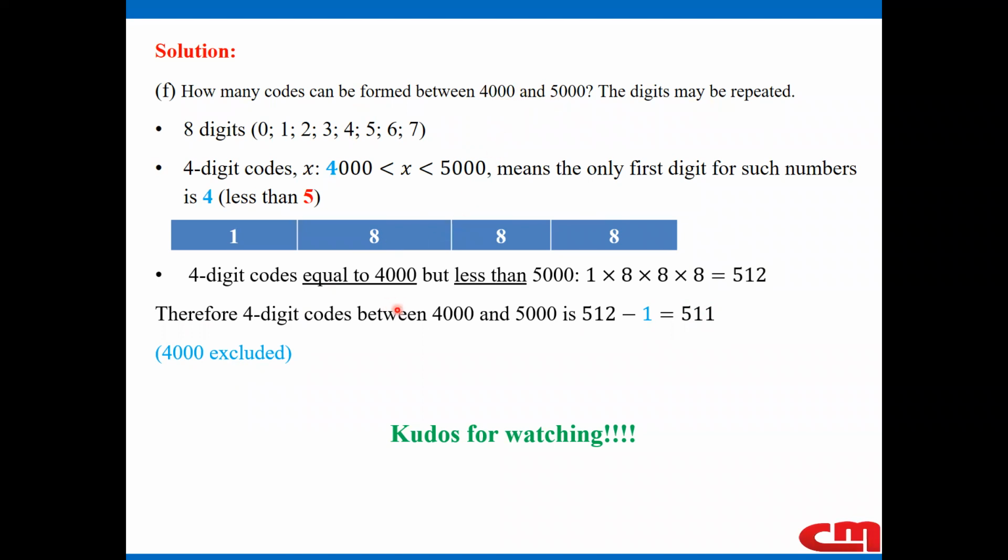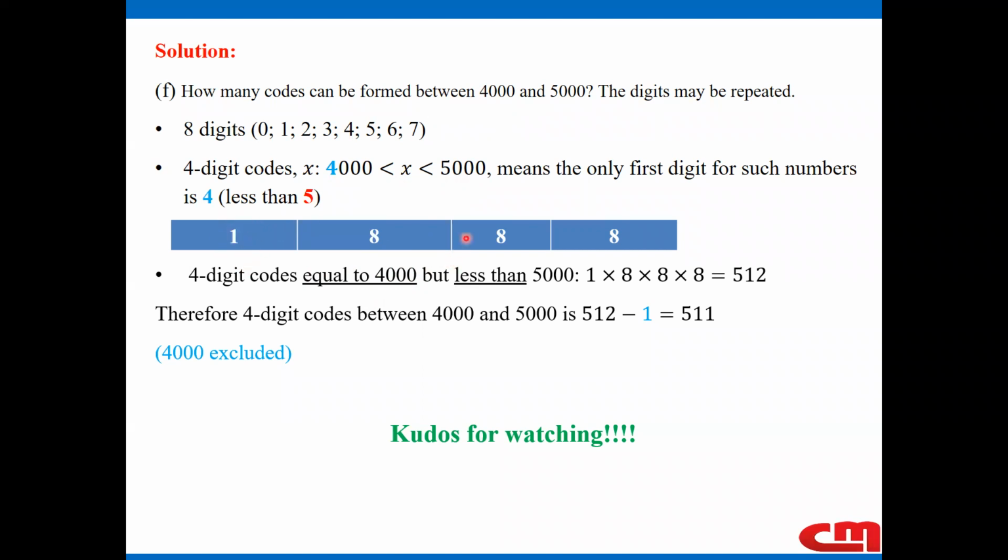For me, I don't think there is another way of doing this, because at the end you can't afford to miss the digit 4. The fact that you are saying between, you cannot say you won't use the 4. Then what are you going to use? So the 4 should be the only first digit.